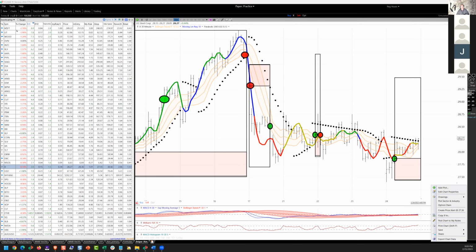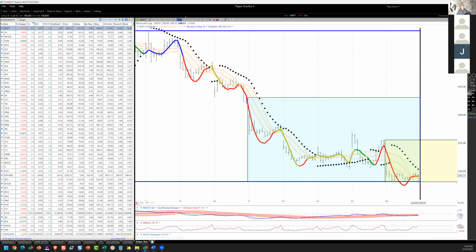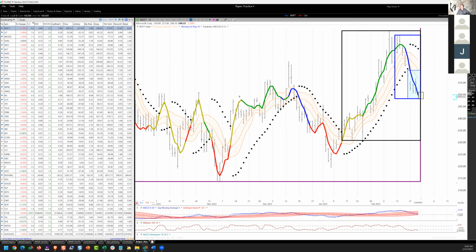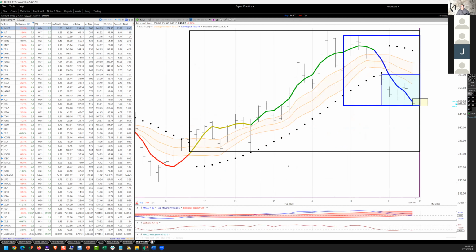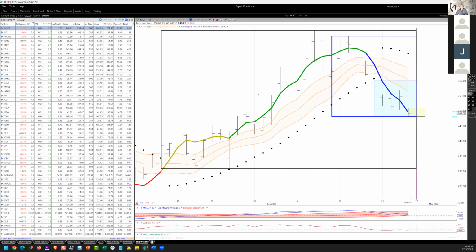So I like that. So let's start at the top of the list with Microsoft. And I want to go to the daily report just so that we can see what those frames are looking like.